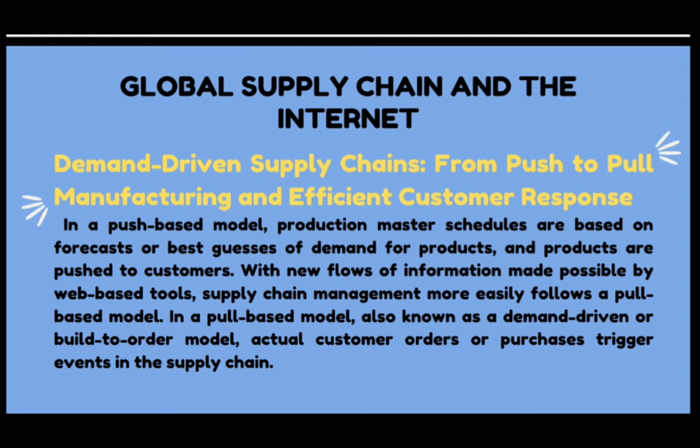With new flows of information made possible by web-based tools, supply chain management more easily follows a pull-based model. In a pull-based model, also known as a demand-driven or build-to-order model, actual customer orders or purchases trigger events in the supply chain.